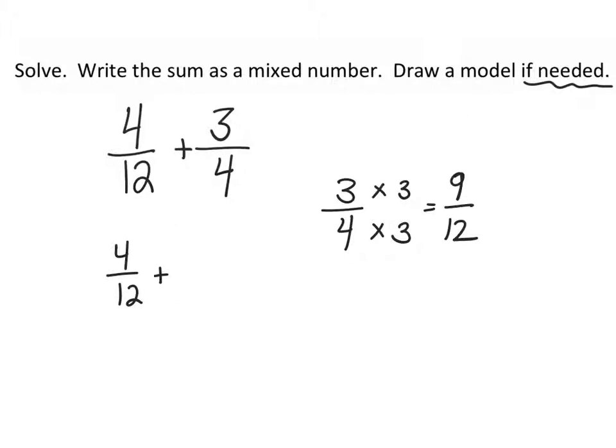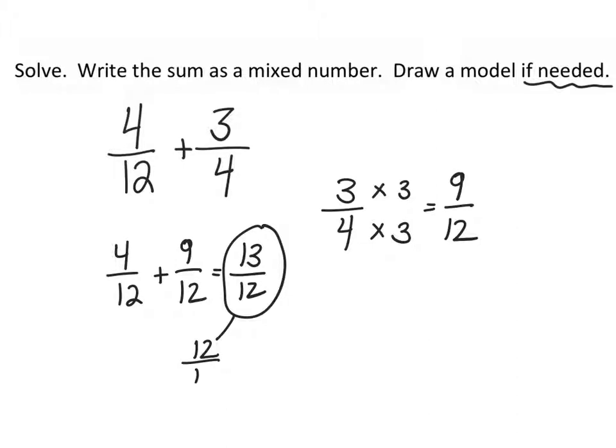4/12 plus 9/12 gives us 13/12, which we know is an improper fraction or a fraction greater than 1. And we now need to take this and get it into a mixed number. So let's take this and make it a number bond. So we have 13/12. Let's get a whole. We know it's 12/12, which is a whole.